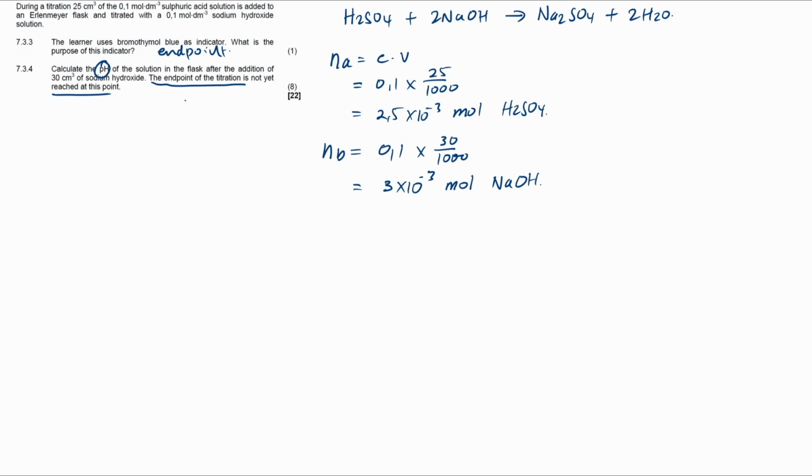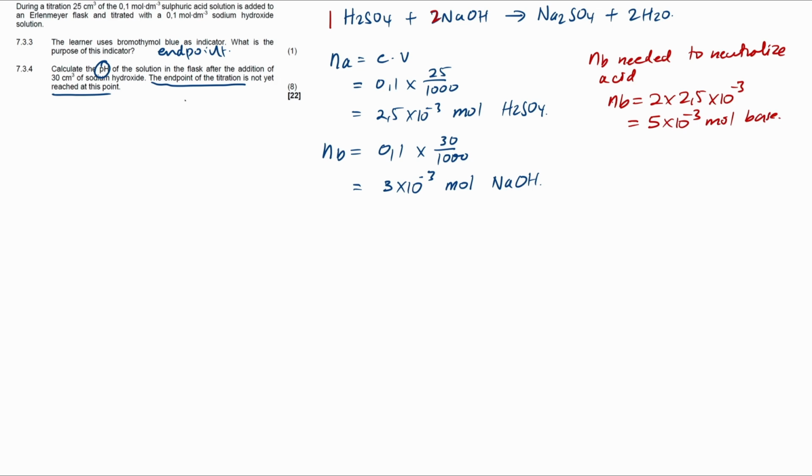So we can use a mole ratio here. Number of moles of base needed to neutralize acid. The ratio here is a 1 to 2 ratio. That means the number of moles of base is going to equal 2 times 2.5 × 10⁻³, which is equal to 5 × 10⁻³ moles of base.